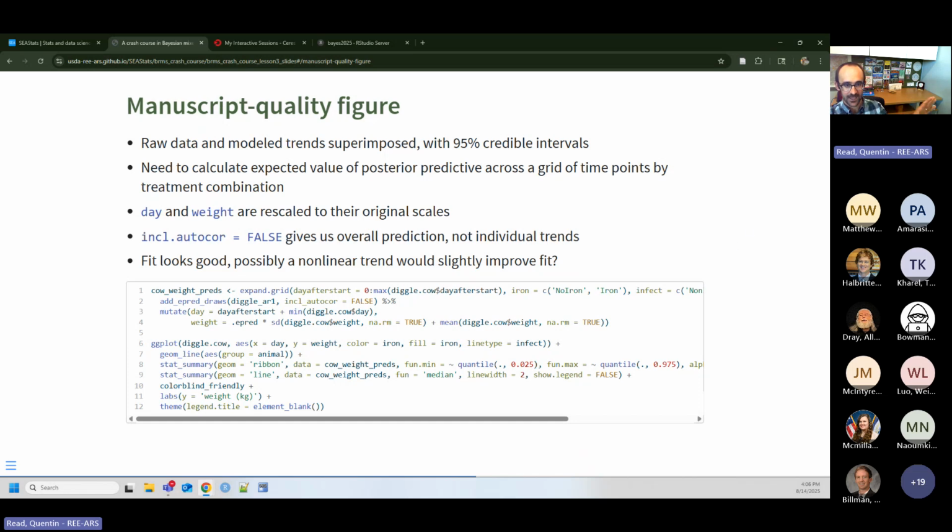And then I rescaled, I sort of undid the transformation where I turn weight from its standard deviation units back to kilograms per day and the days after start to the actual day that was in the original data. And so let me just copy this code and show you what that looks like.